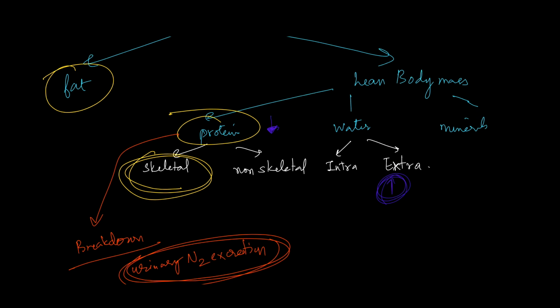We might note an increase in the body weight, but this is due to the extracellular fluid and not because of any fat or muscle gain. But following approximately 10 days, the body weight will reach negative balance as this expansion of the extracellular space resolves.